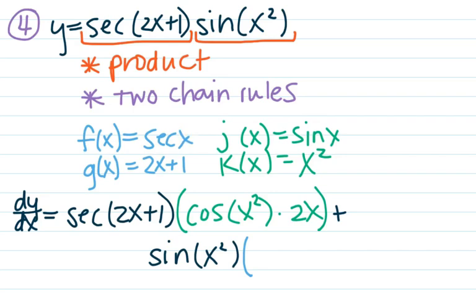But in this case, our x is that inside function. So this is going to be secant of that thing, tangent of that thing. And that thing in this case is 2x plus 1 at both places. And then we take the derivative of that inside piece, which is 2x plus 1, and that would simply be a 2.